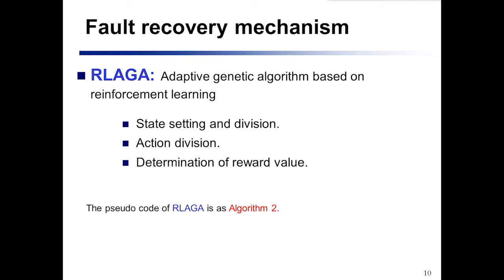So, the diversity of population in the iterative process can be maintained, which avoids the algorithm falling into the local optimal solution and improves the evolution efficiency of genetic algorithm.